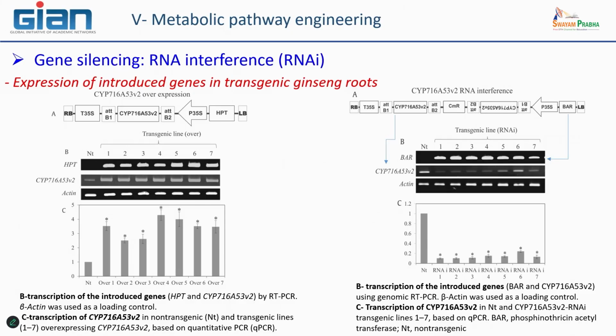So here are the transgenic plant lines that overexpress the CYP protein, and here are several lines that have been silenced by an RNA interference strategy, always targeting the same enzyme.